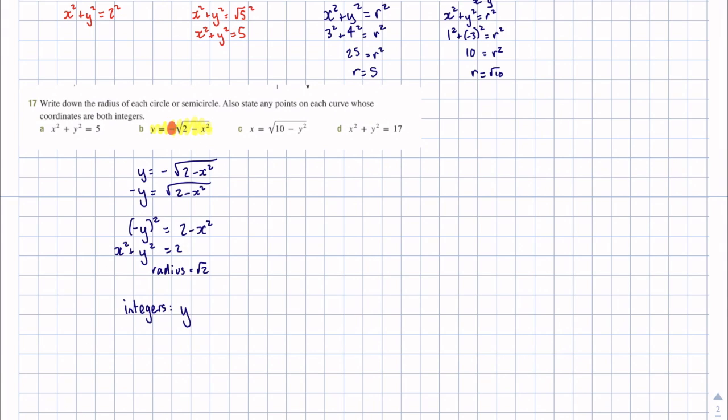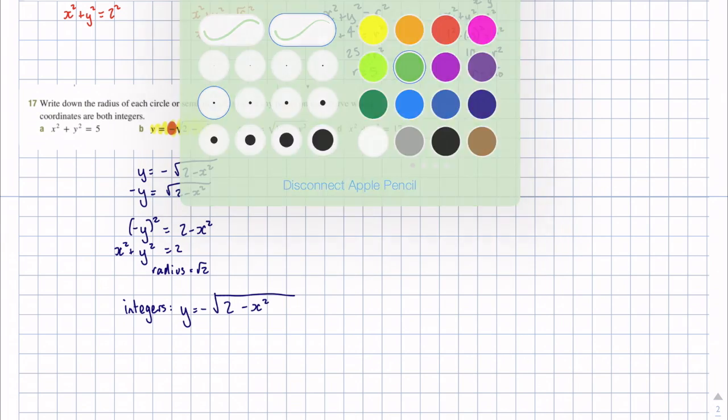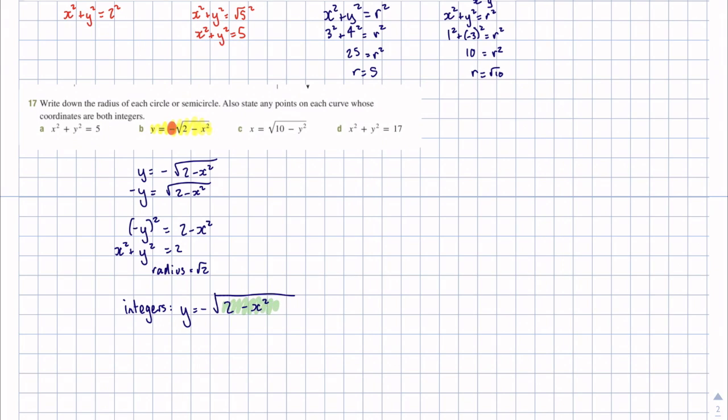If we've got y equals minus root 2 take x squared, then what we want is for this thing under the square root to be a square number.